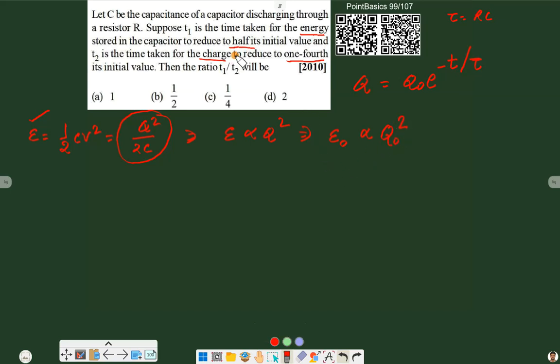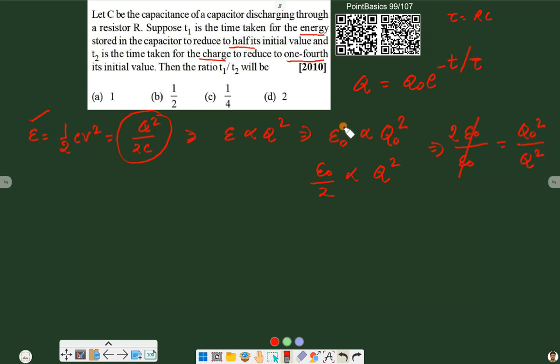And when energy reduces to half, so when energy reduces to E naught by 2, then it will be proportional to some value of charge that we will calculate. Now if we divide both of these equations, what we will get? We will get E naught by 2, so 2 will go on top, is equal to Q naught square by Q square.